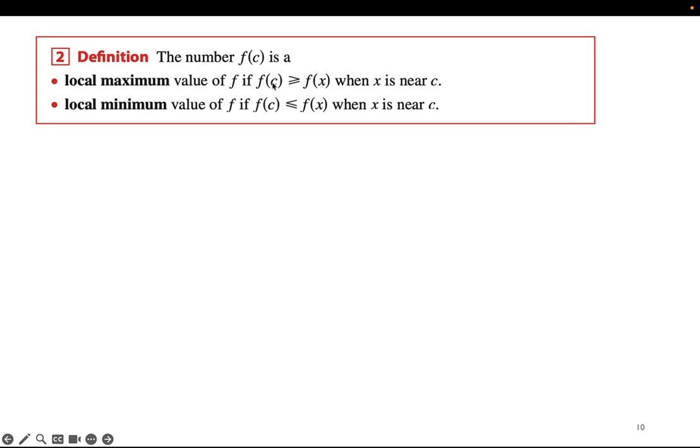So maybe f of c is the biggest value, but only if you're close by, for all the x values that are close to c. And same thing for local minimum, in the sense that this is not the smallest value on the entire domain or interval, but it's the smallest value if you're close, right? If x is close to c.